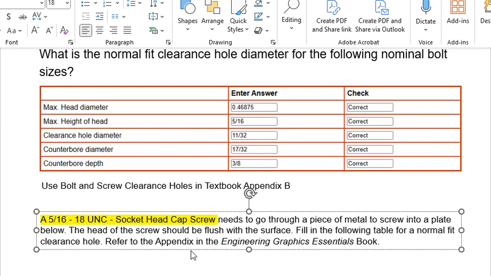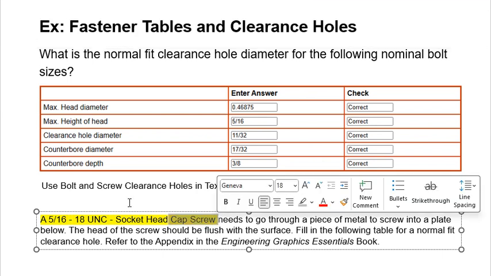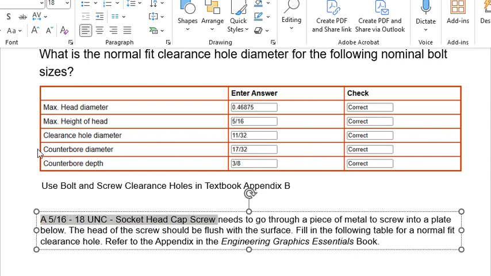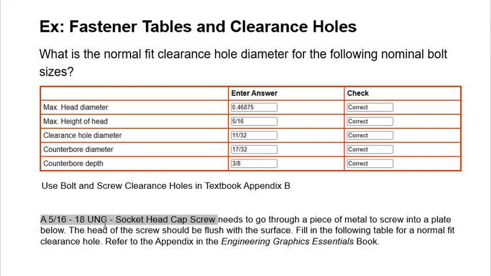So this guy right there is the most important thing that you need to be able to write these things. When you go to the table, you're going to look for 5/16, which is your major diameter.